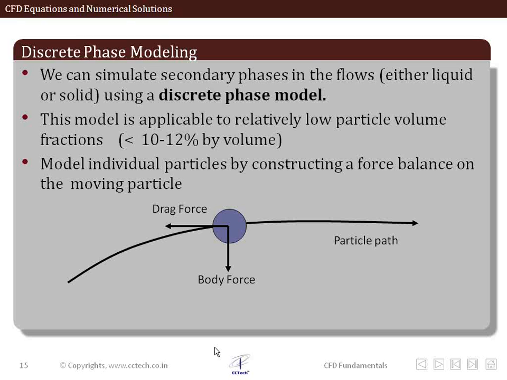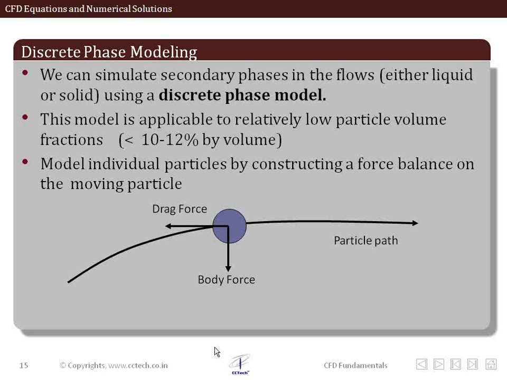The fluid is exerting a force on the particles, and if the volume fraction of the particles in any given cell or domain is quite little compared to the volume occupied by the fluid, we can apply something called Lagrangian tracking of the particles. So the particles are solved in the Lagrangian frame, that is, I move with the particles, while the fluid equations are solved in the Eulerian frame, which is the conventional method.